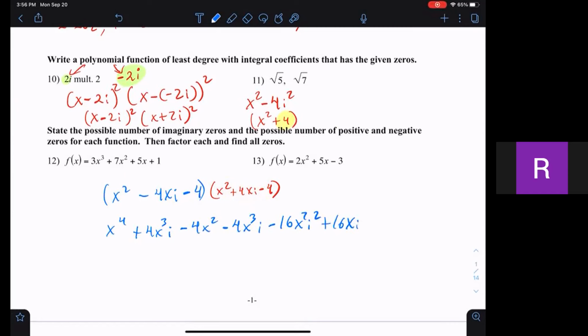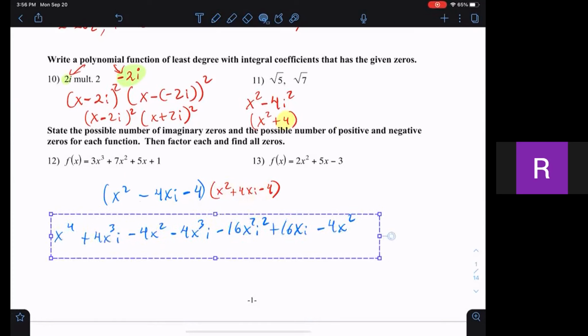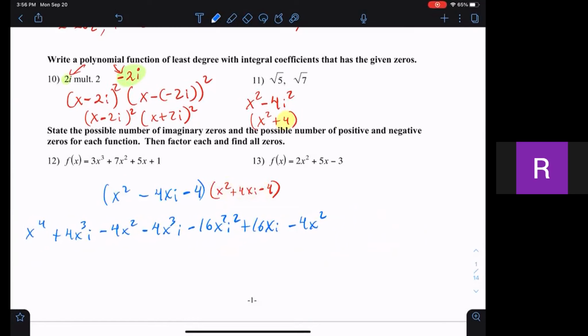And then we have -4x squared, okay, -4x squared minus 16xi, and this is going to be plus 16. Okay, so now you can combine like terms and hopefully something can, well, this cancels with this. So we have x to the 4.